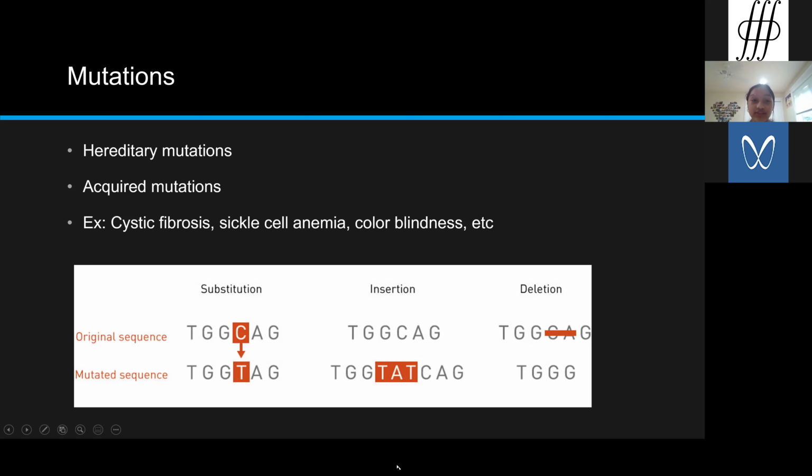And also, gene therapy does hold promise to cure cancer, cystic fibrosis, heart disease, diabetes, hemophilia, and things like that. Oh, one other thing I forgot to mention was that cystic fibrosis is actually a type of deletion mutation. So some of the nucleotides are deleted, and that results in cystic fibrosis.